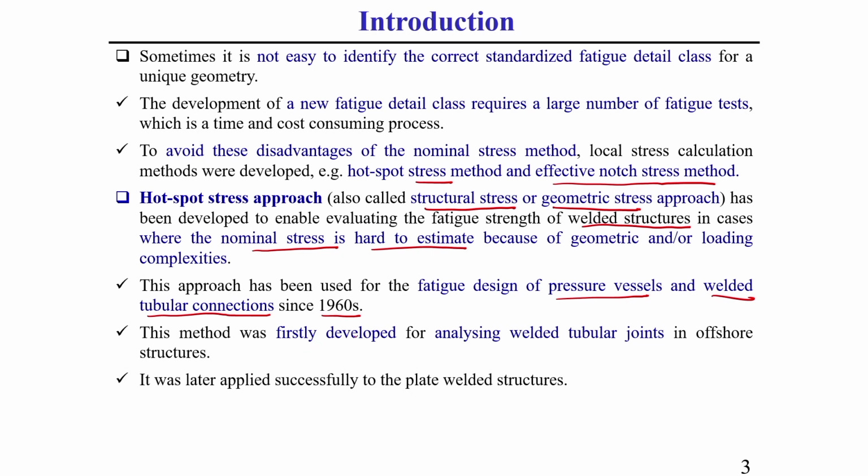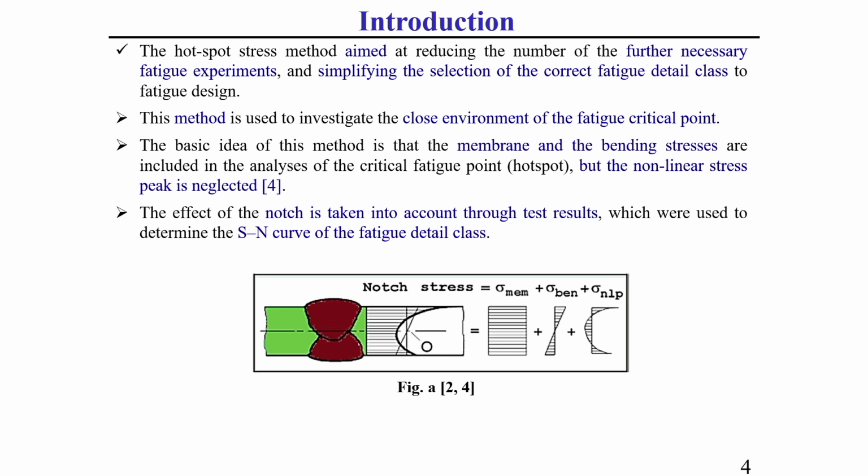When this method was developed initially, it was used for tubular joints in offshore structures. But later it was applied successfully to some plate welded structures also. Not only is it used for tubular connections, it has also started being used in plate welded structures. The hot spot stress method aims at reducing the number of further necessary fatigue experiments, and it also simplifies the selection of the correct detail class for fatigue design.